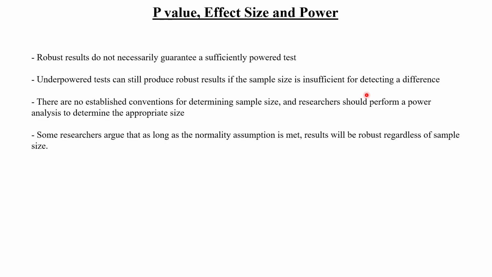Conversely, it is possible to have robust results for an underpowered test, where assumptions are met, but the sample size is insufficient for detecting a difference. Additionally, a sufficiently powered test may not necessarily produce robust results, as the sample size may be adequate for detecting a difference, but assumptions have been violated.